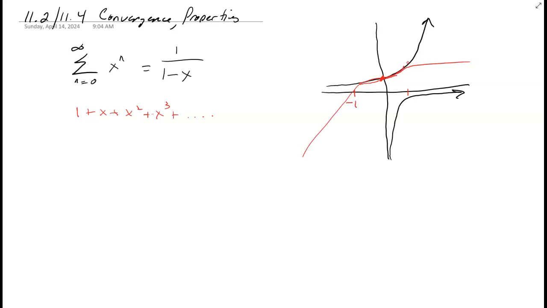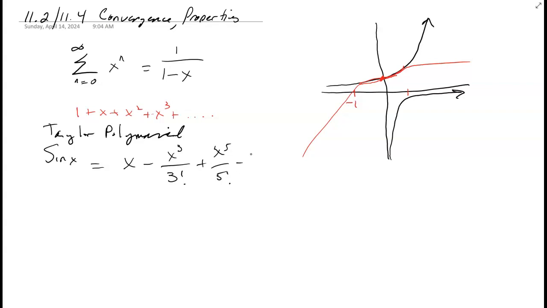Then I want you to recall from the last video when we found the Taylor polynomial of sine x. That was equal to x minus x cubed over 3 factorial plus x to the 5th over 5 factorial, and so on and so on.